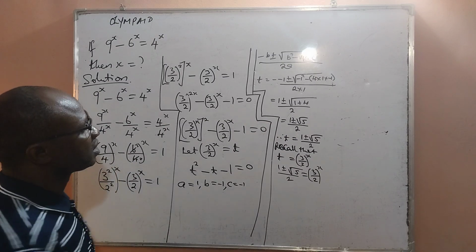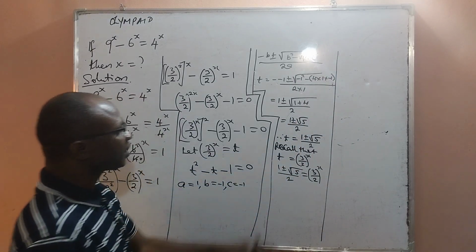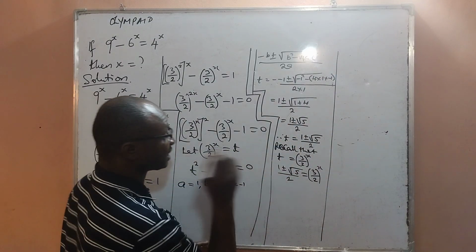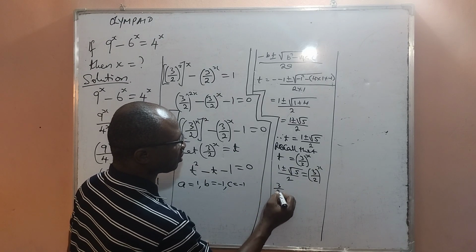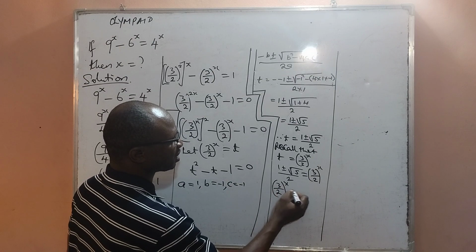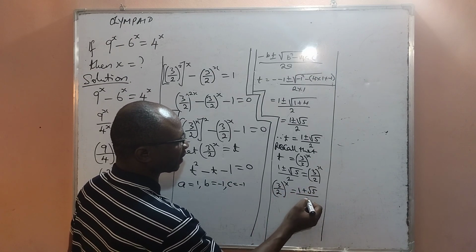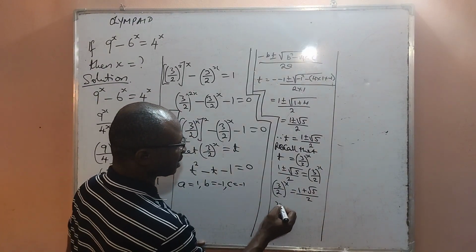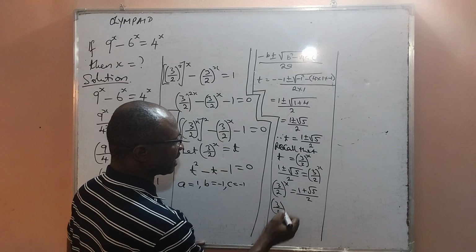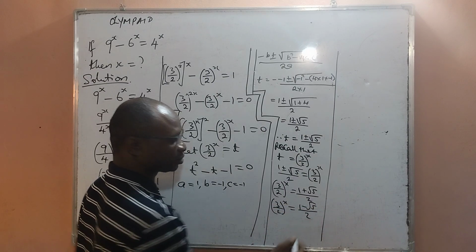But remember, this means that in the first case, 3 over 2 to the power of x is equal to 1 plus root 5 over 2. It also implies 3 over 2 raised to power x equal to 1 minus root 5 all over 2.